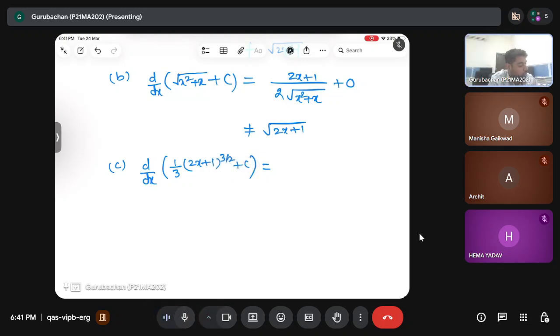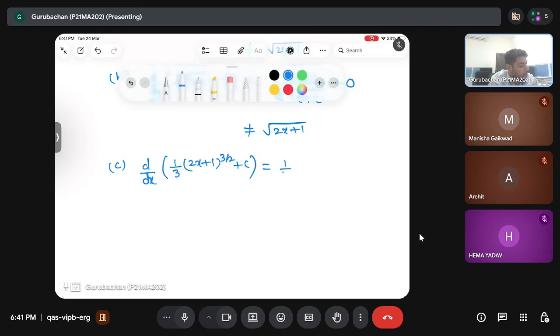So when you will differentiate it, this will give you 3 by 2 (2x plus 1) to the power 3 by 2 minus 1 and d over dx of 2x plus 1 plus 0.